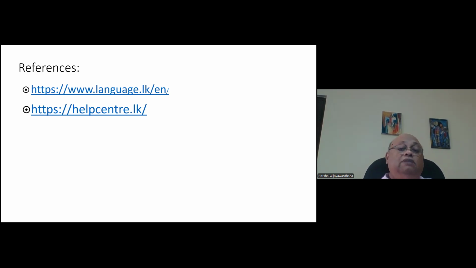We will be talking about universal acceptance later on, and when we do, I will talk about some of these things again. The helpcenter.lk is a good place to visit if you have any issues. If you want content about the Sinhala script and our font making, a good place to visit is language.lk.